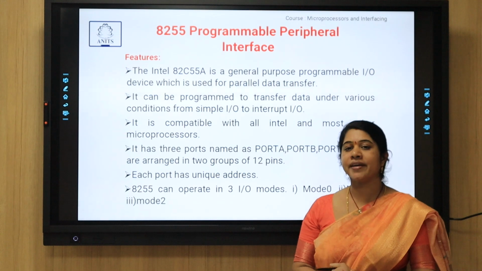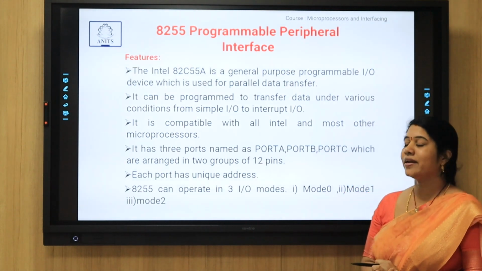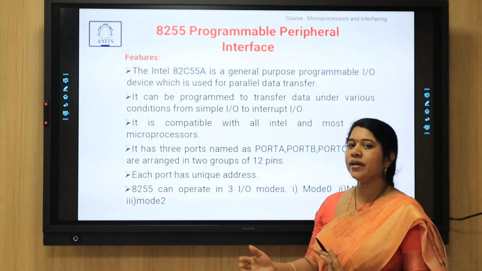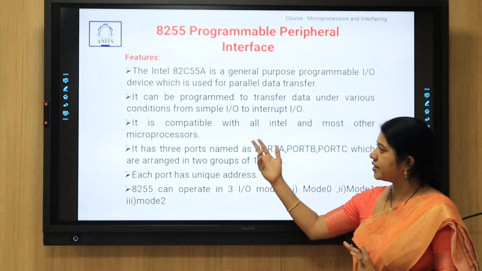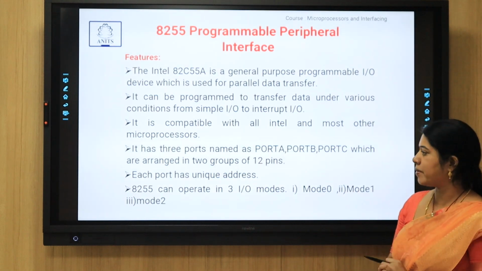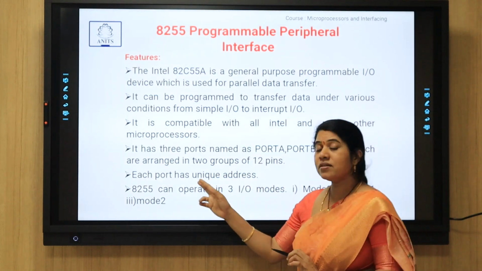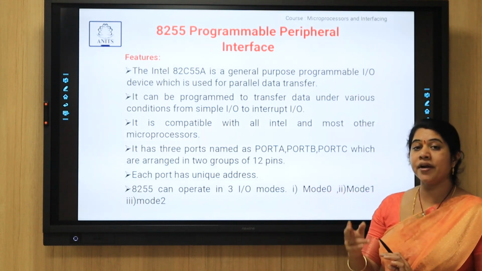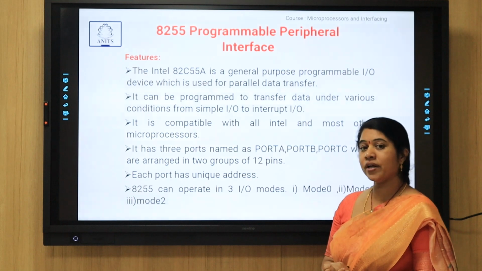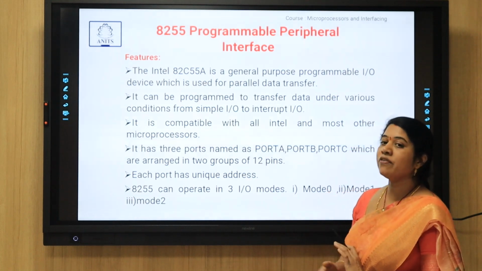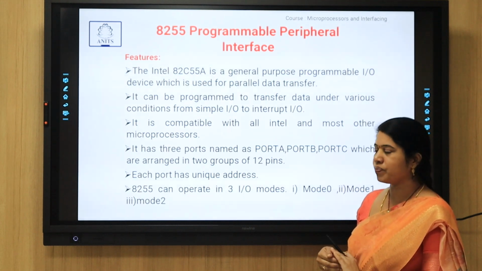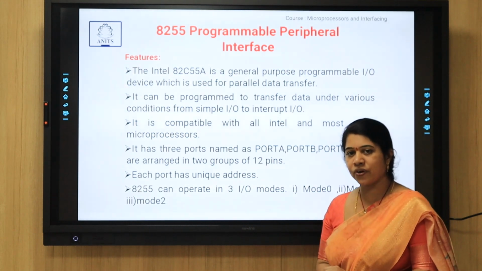This 8255 supports three ports named port A, port B and port C. And as we already discussed, it is compatible with all the Intel and most of the other microprocessors. This 8255 can also operate in two important modes: one is the I/O mode and the other is the BSR mode. In the I/O mode, it again operates in three modes: mode 0, mode 1 and mode 2. These are some of the features of 8255.